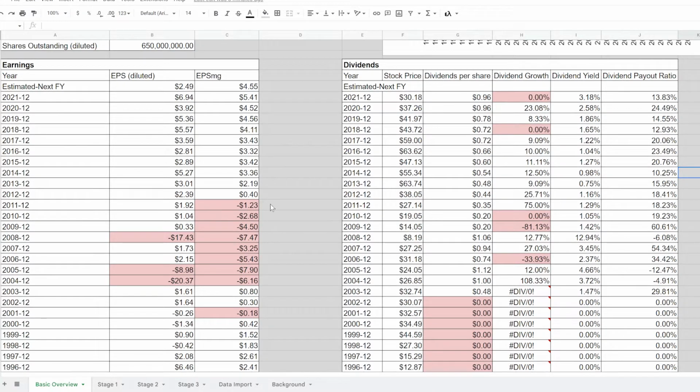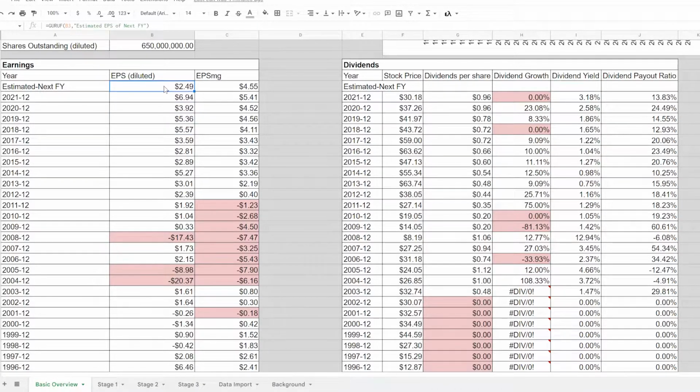Looking at earnings, we have had a bit of a shaky earnings situation overall. It bounces around. It had a huge drop in 2004 and 5, and again in 2008. But other than that, they've been relatively stable. Now, these big drops did play into the earnings per share Modern Graham being negative for several years. Earnings per share Modern Graham is a weighted average of the earnings per share using the last 5 years.